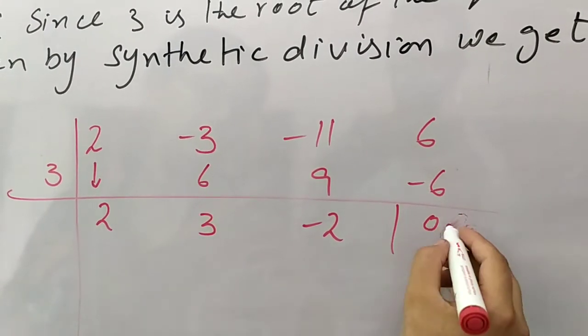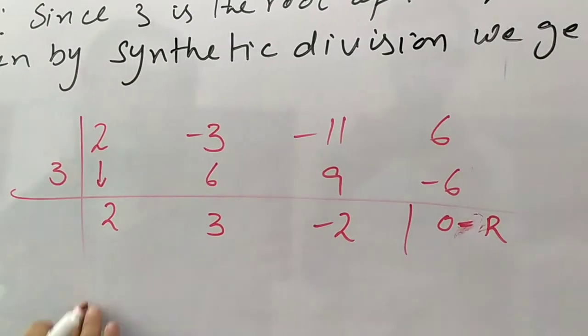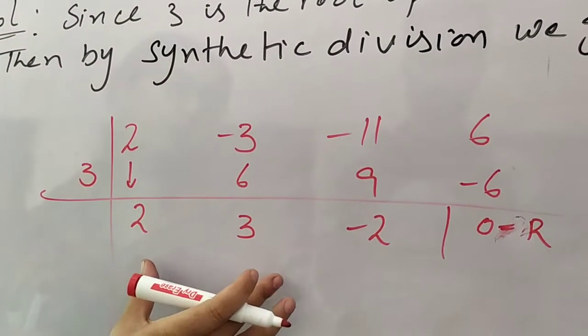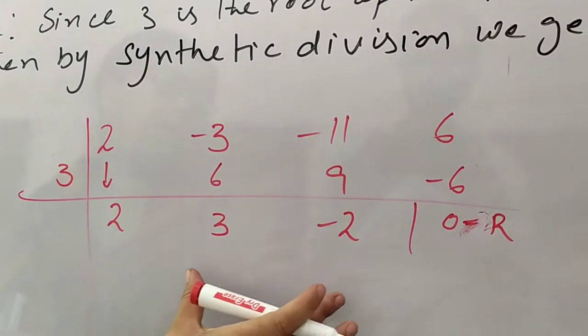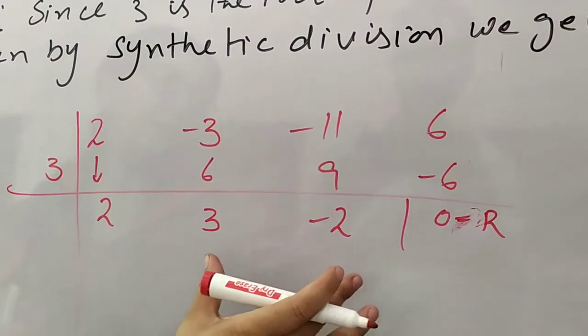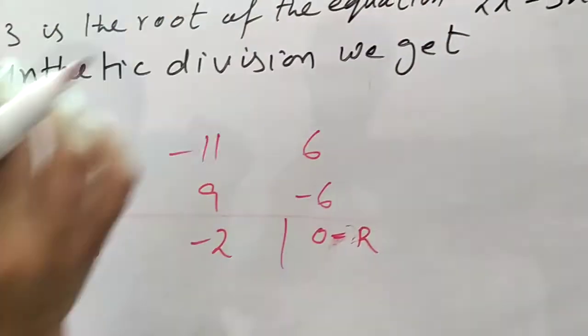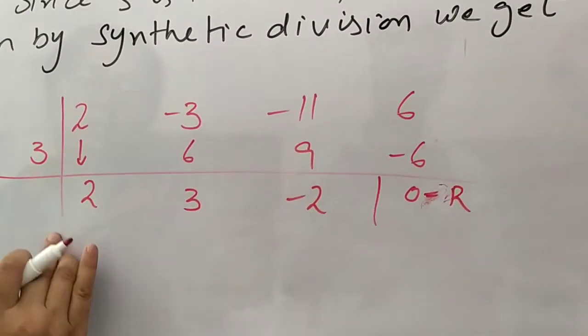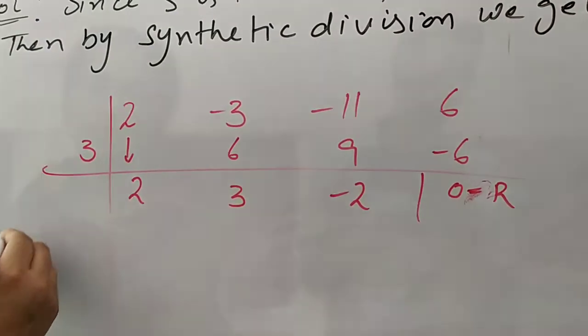That is our remainder. Now we will find the rest of the roots of the cubic equation. For that, from these coefficients we will form the depressed equation.